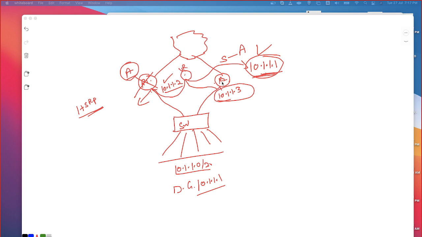Whereas when the active goes down, the standby can identify the unavailability of the active router, and then it can immediately move up its role as active. The moment it becomes the active, it is going to be responsible for responding to requests given to the virtual IP address, right? So to have this configured, we have to configure something called an HSRP group ID.